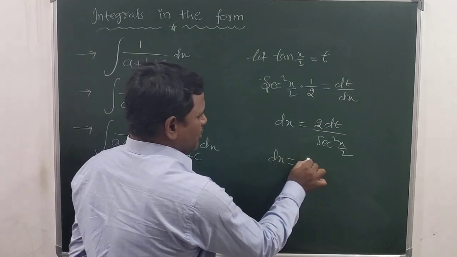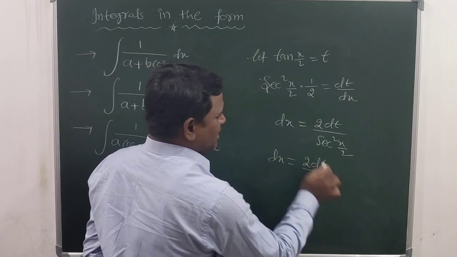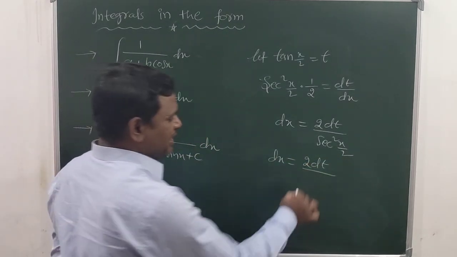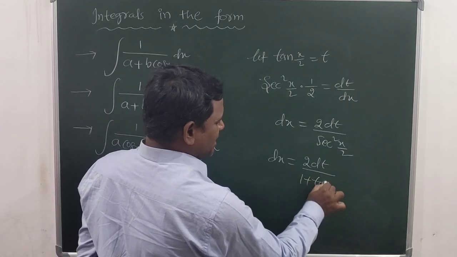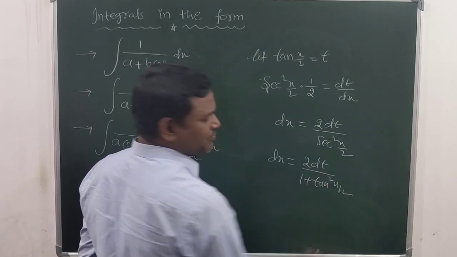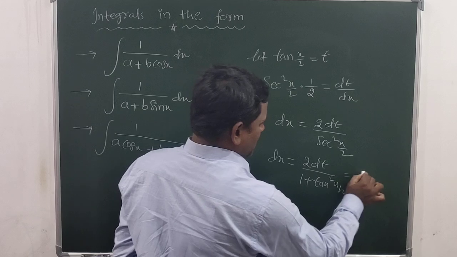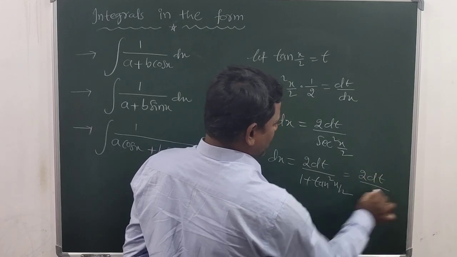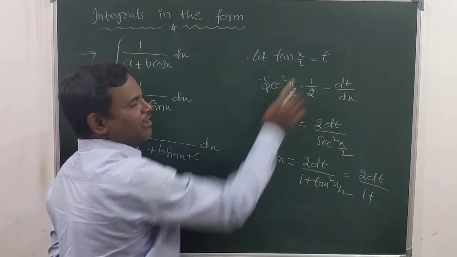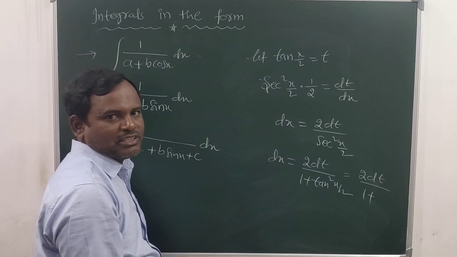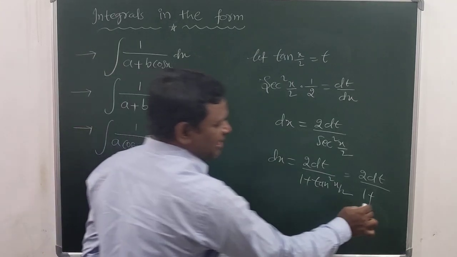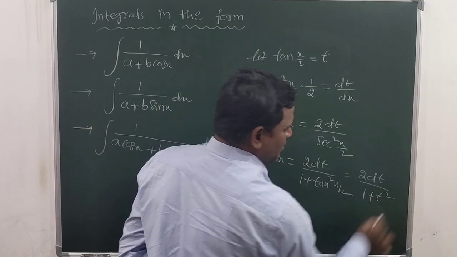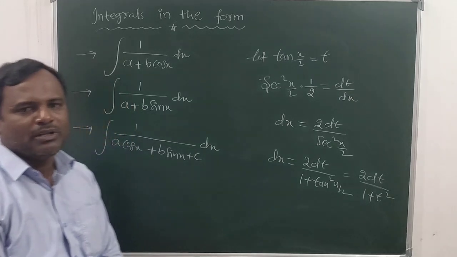As you know, this secant square x by 2 can be written as 1 plus tan square x by 2, so it is equal to 2 dt by 1 plus, as we have taken tan x by 2 as t, write the t value here, then it will become 2 dt by 1 plus t square.